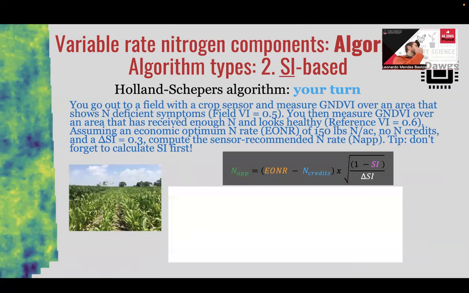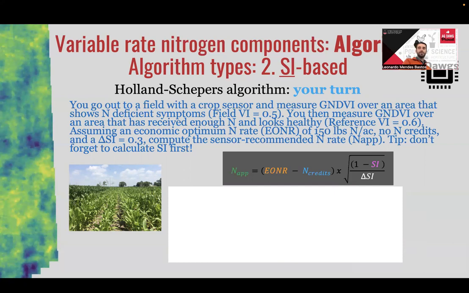Okay, so I have a quiz for you. Here's my question. We go out to a field with a crop sensor and measure green NDVI over an area that shows nitrogen deficient symptoms. I'm giving you the field vegetation index value for that as 0.5. You then measure green NDVI over an area that has received enough nitrogen and looks healthy.